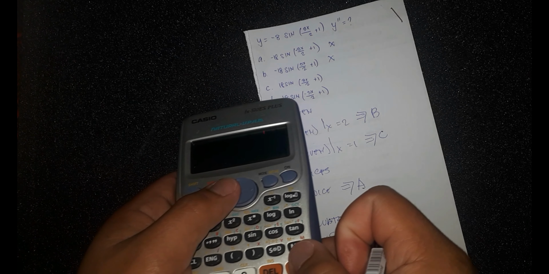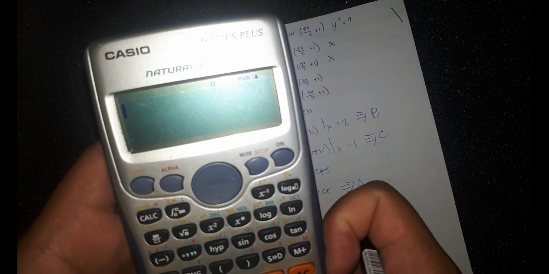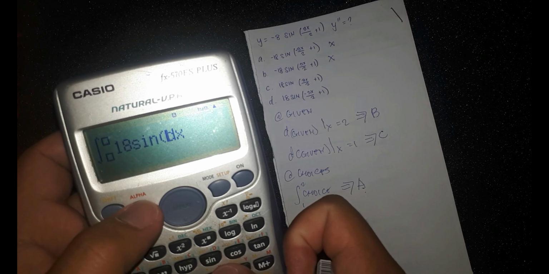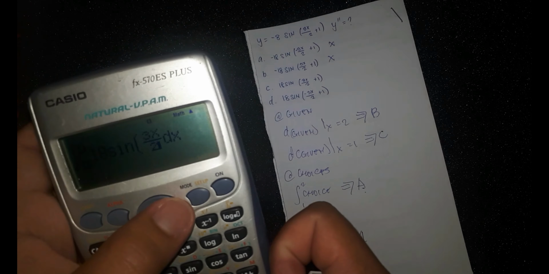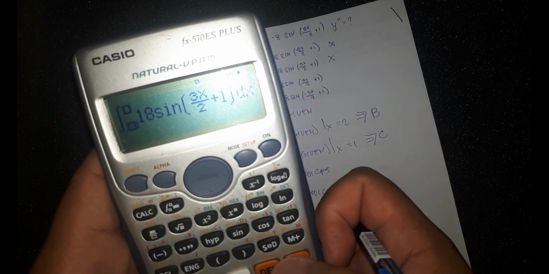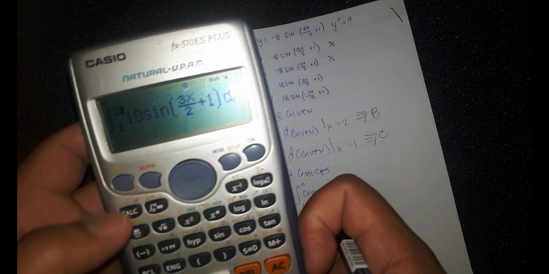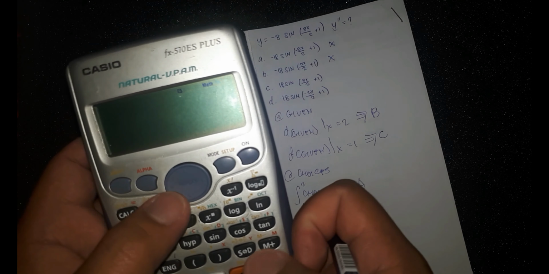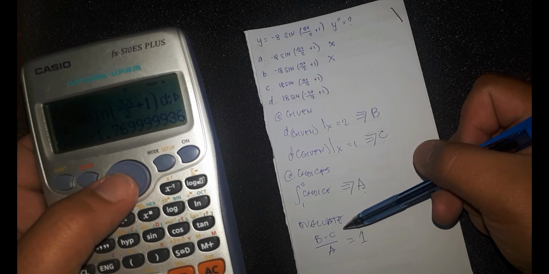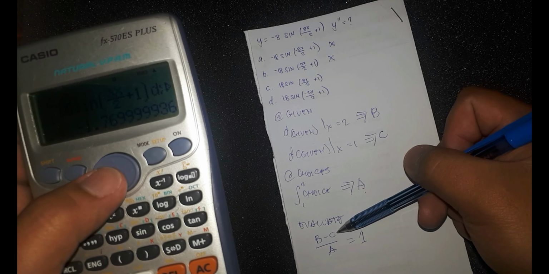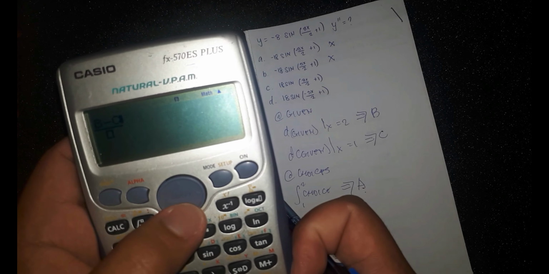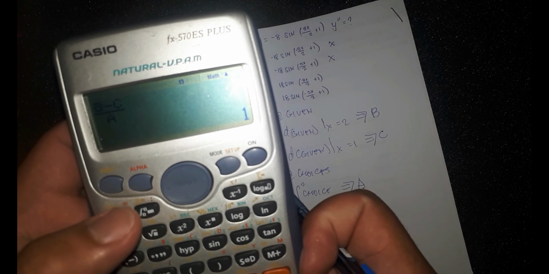So let's do choice C. Integral ng 18 sine 3x all over 2 plus 1 with lower limit 1, upper limit 2, store to A. Then let's try if it is equal to 1 if we evaluate B minus C all over A. B minus C all over A, it's equal to 1.